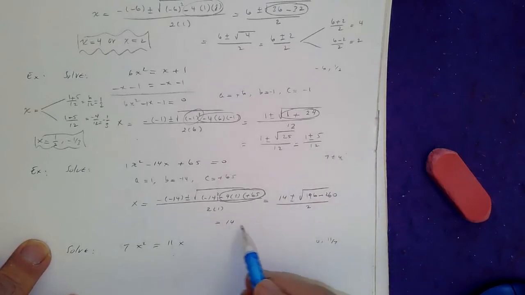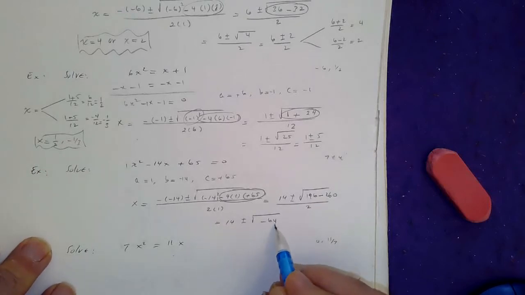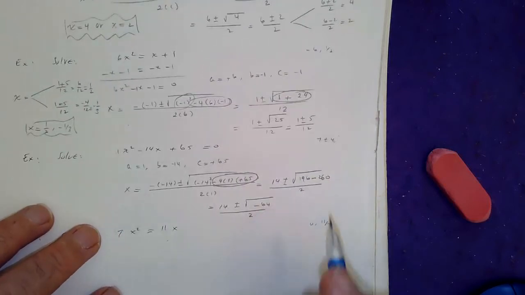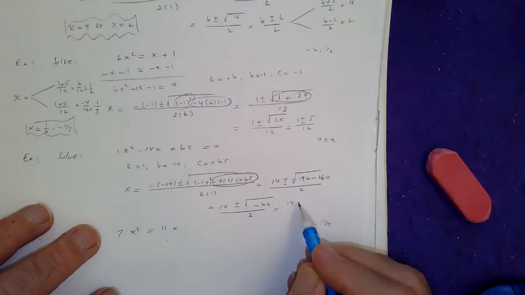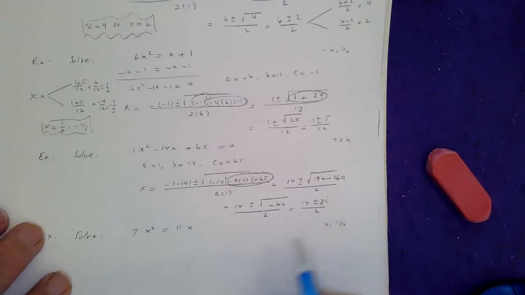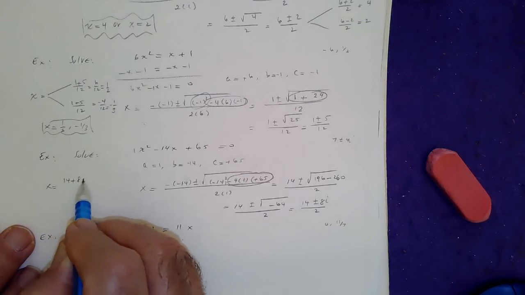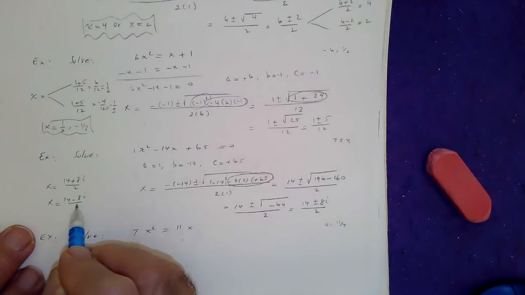So that's 14 plus or minus the square root of 196 minus 260. That would give you negative 64 over 2. Because you have a negative under the radical, it's a complex number. So that's 14 plus or minus 8i over 2. So the answer is either 14 plus 8i over 2 or 14 minus 8i over 2.